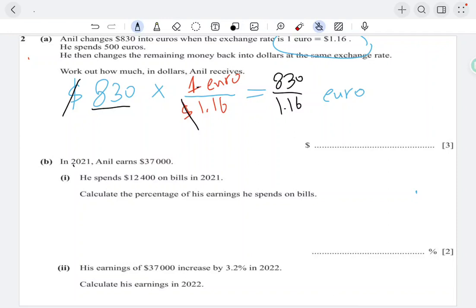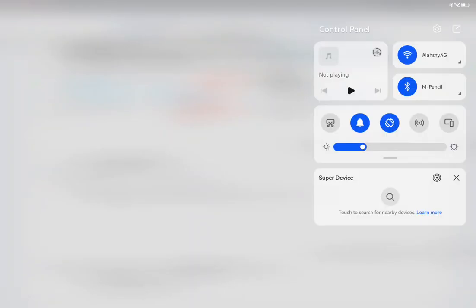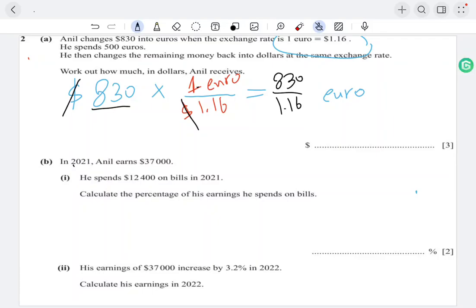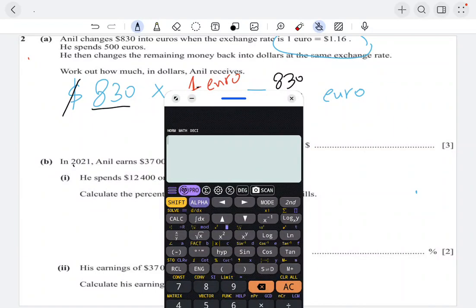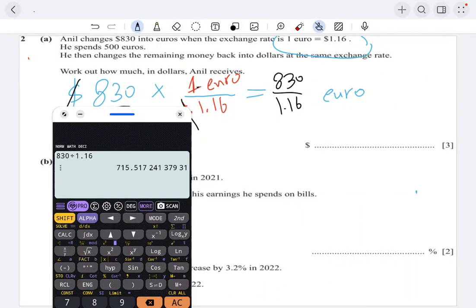Using this way, it can help you in any question, so you don't get confused about whether you should multiply or divide. Now I'll get the calculator and do 830 divided by 1.16.